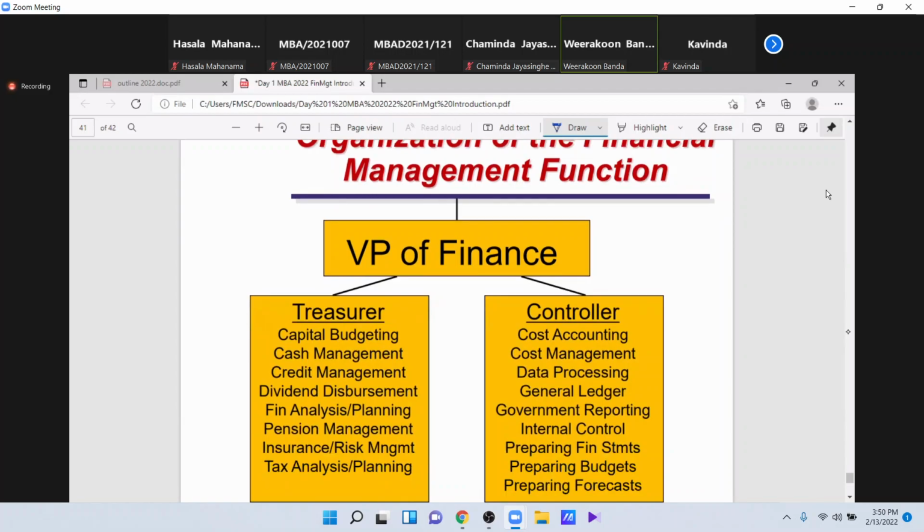Under the treasurer: capital budgeting, cash management, credit management, dividend disbursement, financial analysis, pension management, insurance, tax analysis. Under the controller: cost accounting, cost management, data processing, general ledger, government reporting, internal control, preparing financial statements, preparing budgets, preparing forecasts, etc.